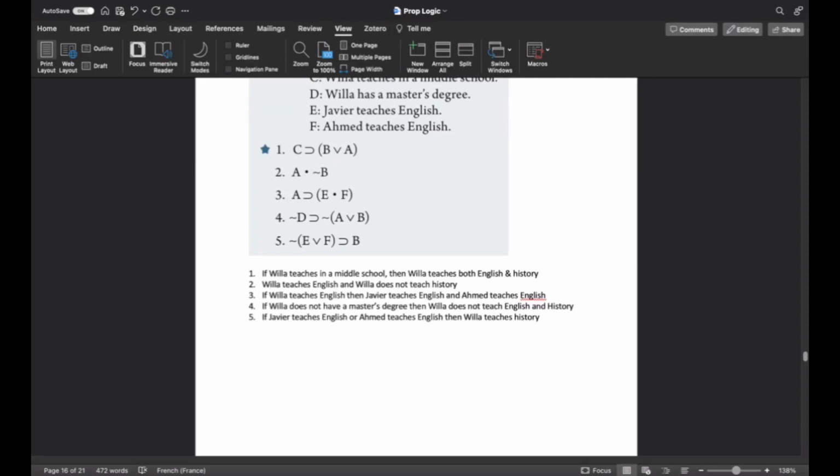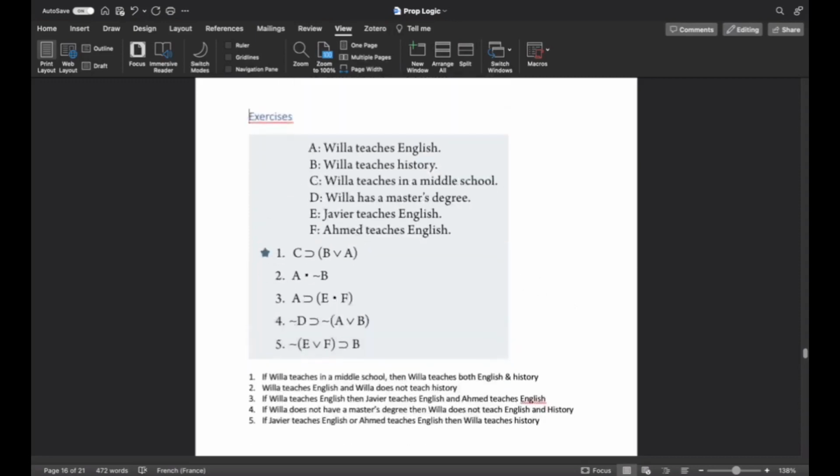Yeah, so I'm back. Cool. So we can attack the question. C, Willa teaches in the middle school. So if Willa teaches in the middle school, then after that we have the conditional.